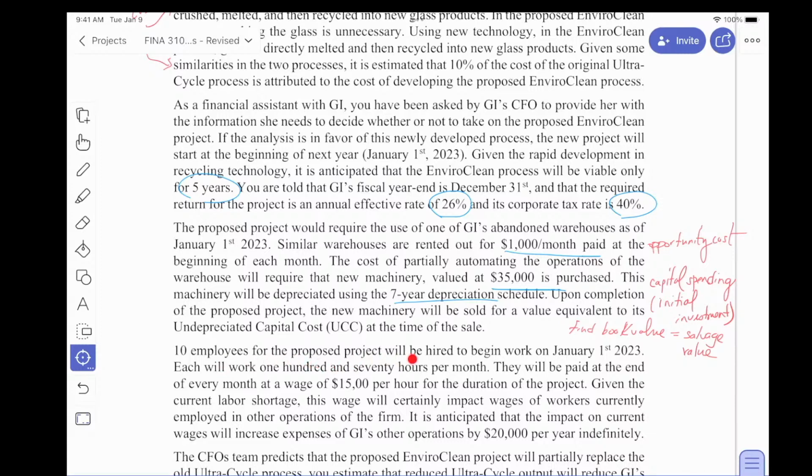10 employees for the proposed project will be hired to begin work on January 1st. Each will work 170 hours per month. They will be paid at the end of every month at a wage of $15 per hour for the duration of the project.